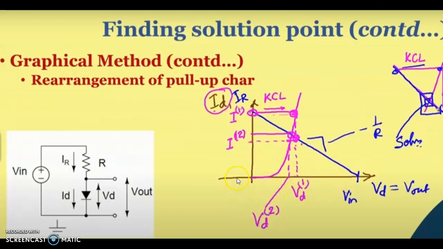This is Vd equal to V out. Here V in, here IR, and ID also here only. Here is KCL. Here diode voltages 1 and 2, here minus IR. For VD1, this point. For VD2, this point.